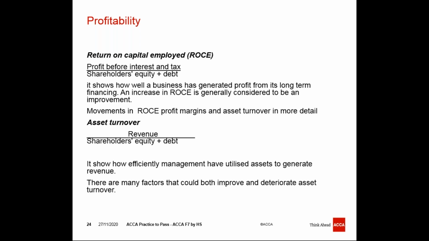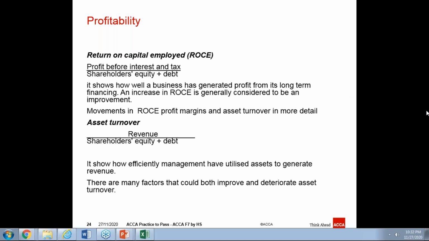Similarly, if the capital employed has increased over the period, then the ROC might go down because they have an inverse relation. Similarly, for the asset turnover, if there is a decrease, that means there might be a decrease in the revenue or an increase in the capital employed. So these are the important things that you should mention.